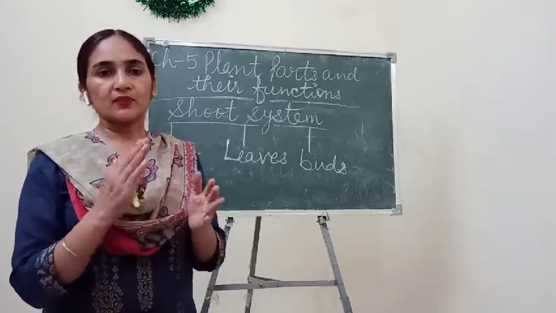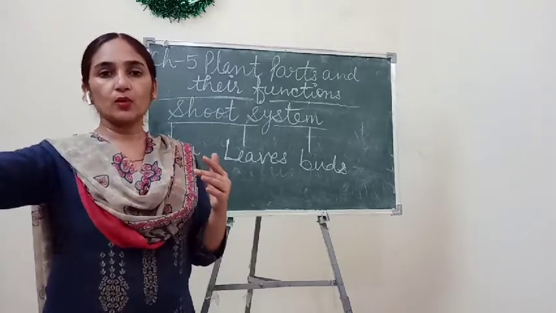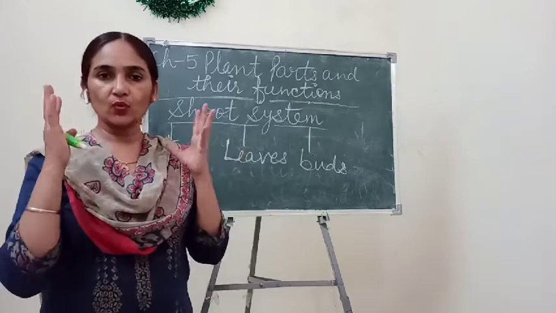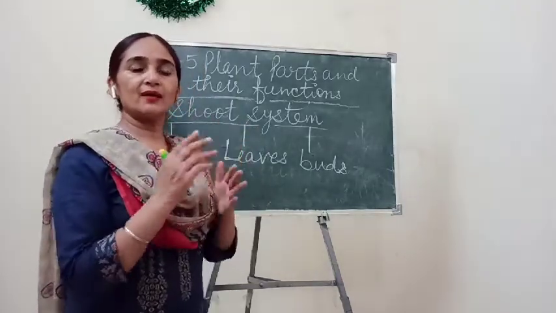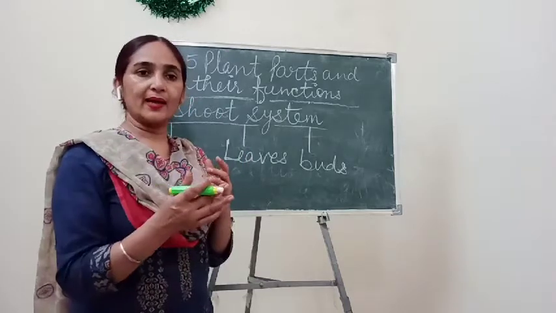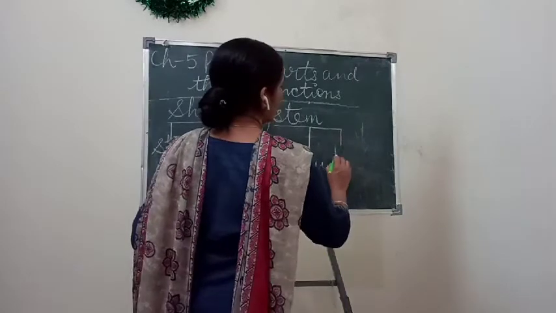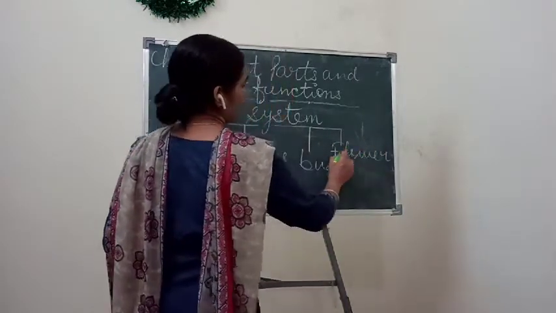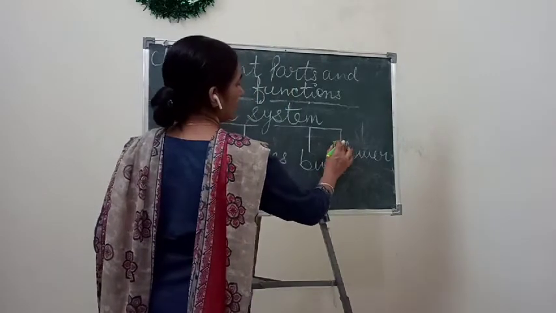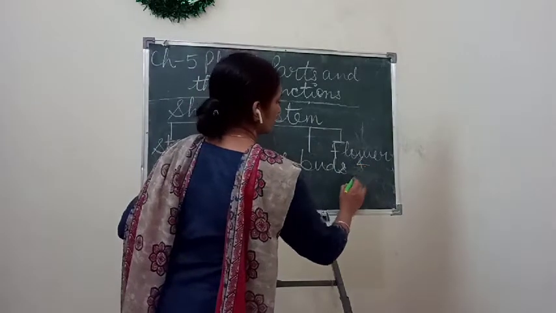Okay, means we started from the roots and we reached up to the fruit level, and inside the fruit seeds are there. So in this way we can say that other parts of the plant which are called flower and fruits take part in the process of reproduction.